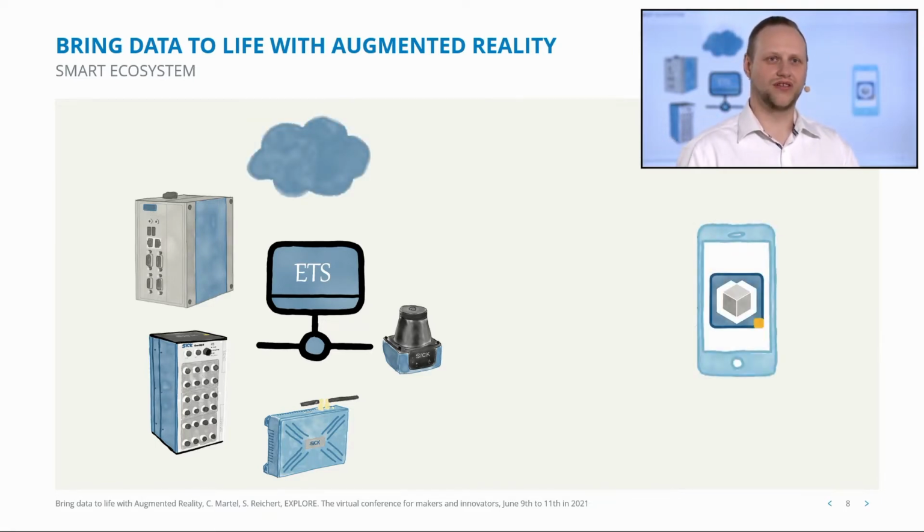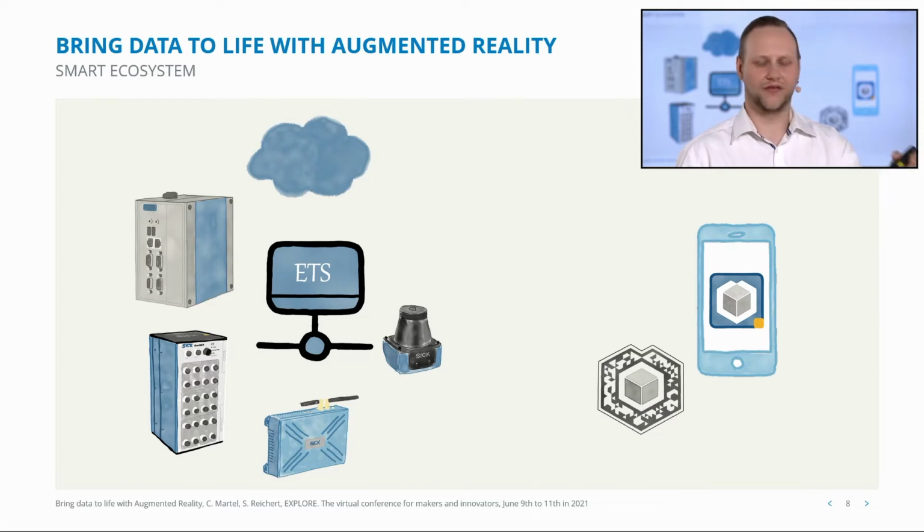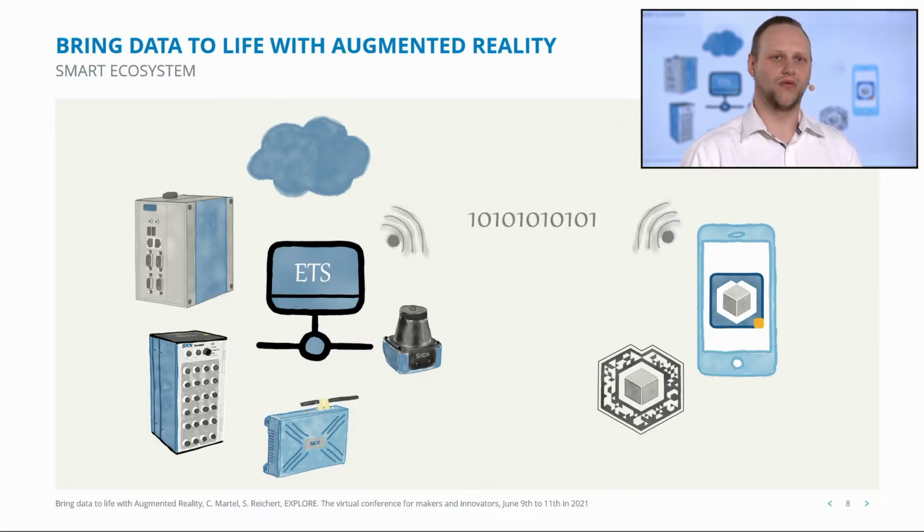And we need also a smartphone or a tablet and our smart app. And you've seen in the different examples, there are markers, and we need these markers to identify where we are and where we have to display the information. And then what we also need is to get access to the data from the ETS system. We need a Wi-Fi access. And that's it. Very simple.